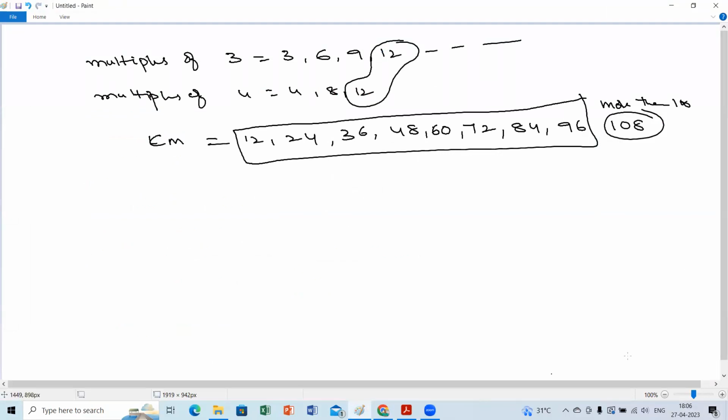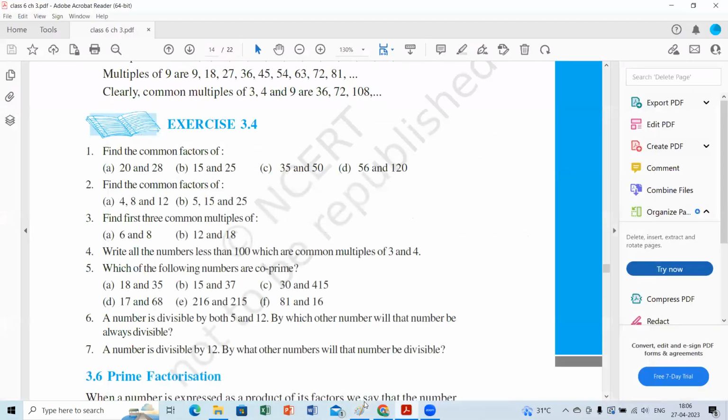Is the question clear, children? Any doubt in the question? Please read the question once again. Write all the numbers less than 100 which are common multiples of 3 and 4. Hope it is clear. Any doubt? Yes, Advika, any doubt? Aishwarya, Advika.